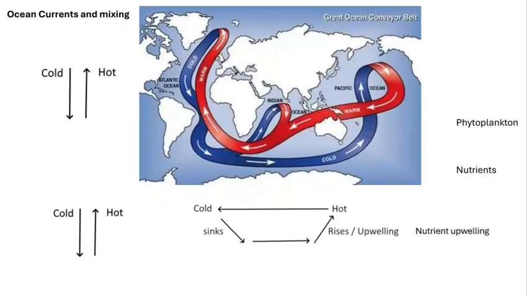The increase in the temperature of the ocean leads to a disruption in two aspects of those oceans. There's the ocean currents and then the mixing of the oceans. Now, of course, the basic concept is that cold water is dense and sinks, and hot water is less dense and rises.